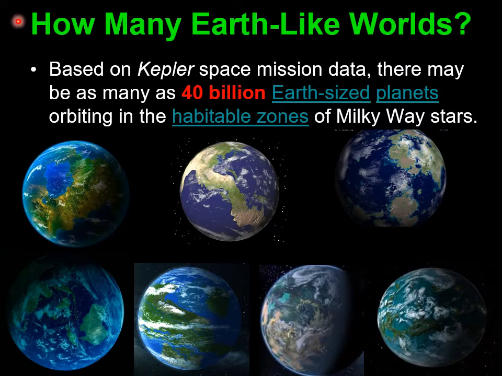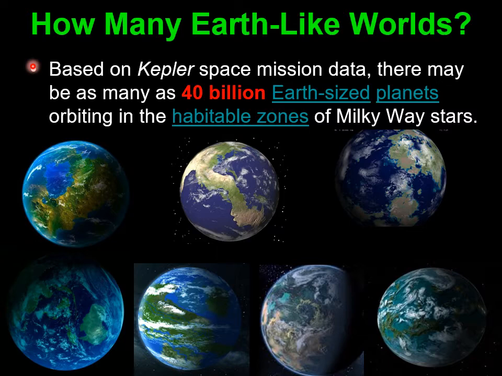How many Earth-like worlds are there in our galaxy? Well, we don't know the answer to this, but we can make a rough estimate based on doing surveys and taking samples of planets. So remember the Kepler space mission, which found thousands of planets.